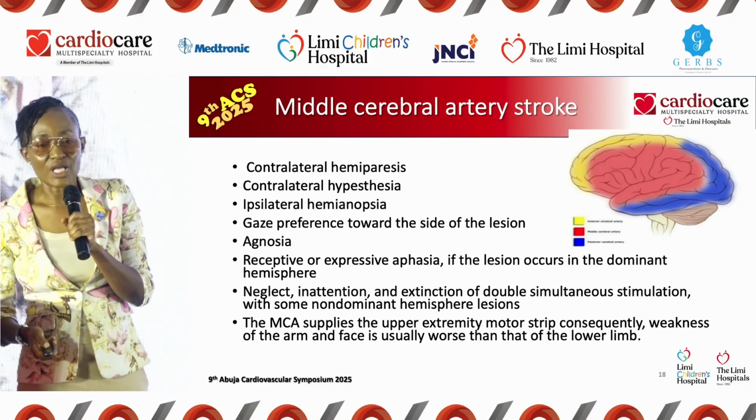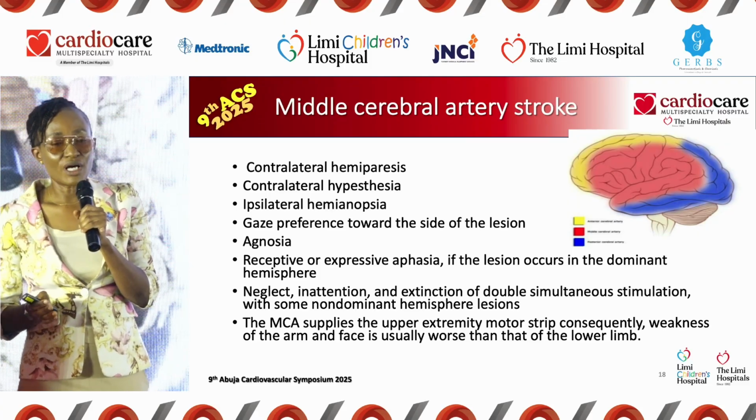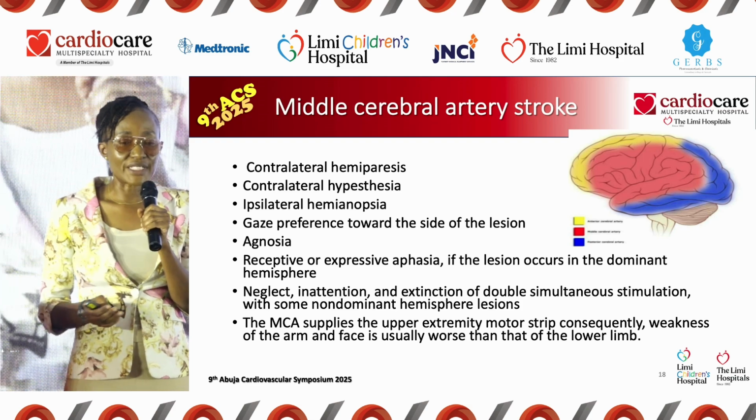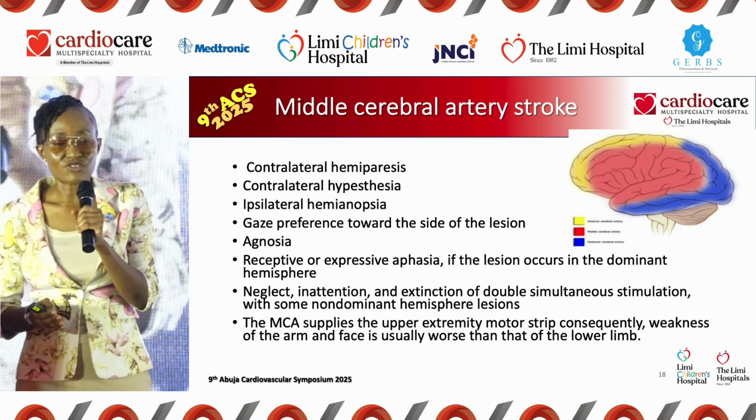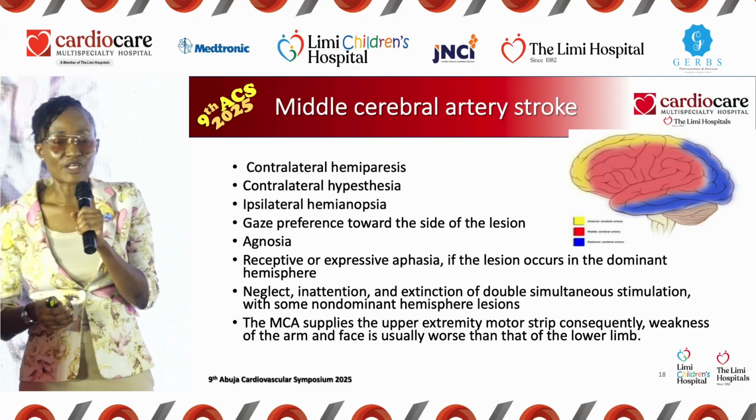Then middle cerebral artery, all right. In this area of supply, they can also have contralateral hemiparesis, that's one-sided weakness, contralateral hypoesthesia, that's abnormal sensation, and ipsilateral hemianopsia.